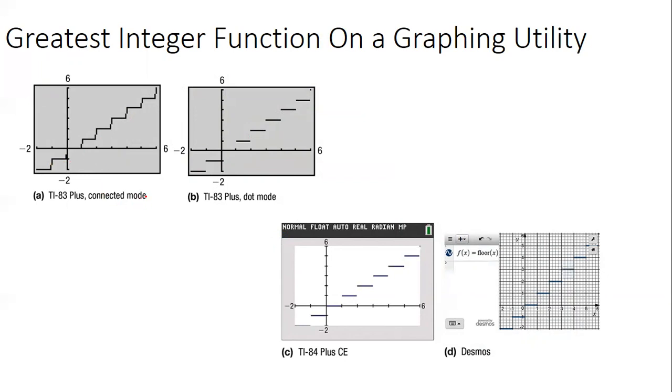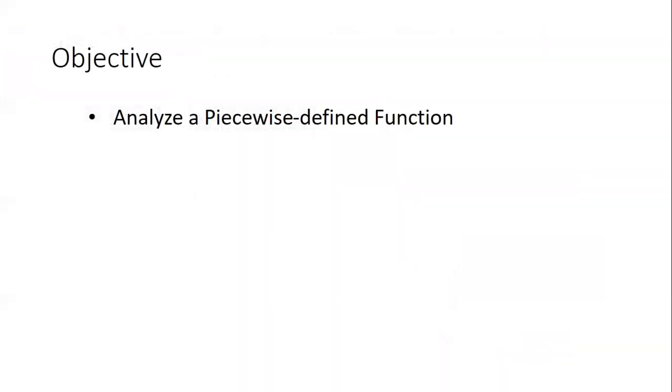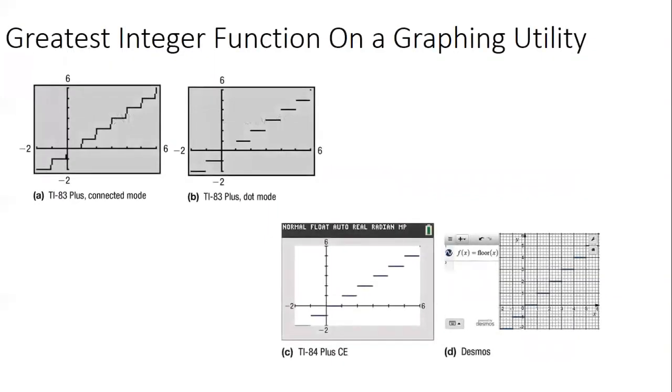If your calculator is in connect mode, it really looks like connected steps. If your calculator is in dot mode, it's just regular old little lines, okay? But as you travel, it'll tell you error when you get to certain values that are not defined. And that's pretty much it for the greatest integer function.